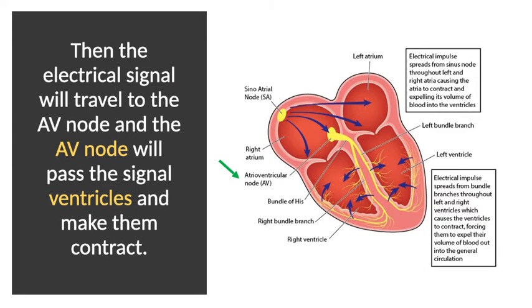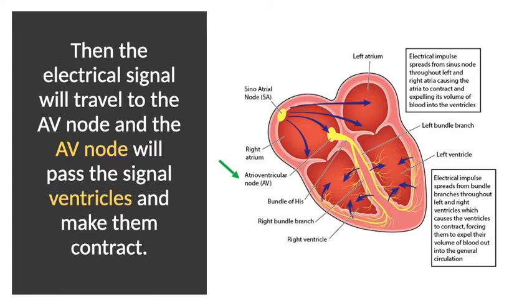Now, after the signals travel through the wall of the atria and make the atria contract, finally the signal will reach the beginning of the ventricle, and there is another node called the AV node, and the job of the AV node is to pass the electrical signals to the wall of the ventricle.